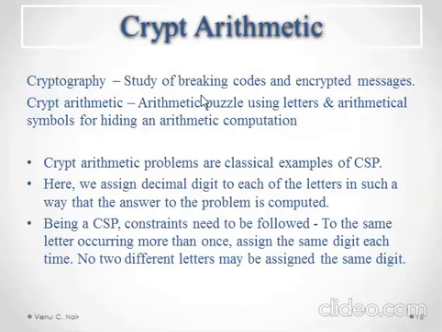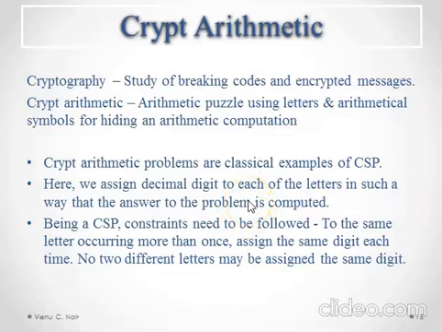Actually, this is a classical example of constraint satisfaction problem. Why? Because we will be using many constraints associated with crypt arithmetic. So here we assign decimal digit to each of the letters in such a way that the answer to the problem is computed.